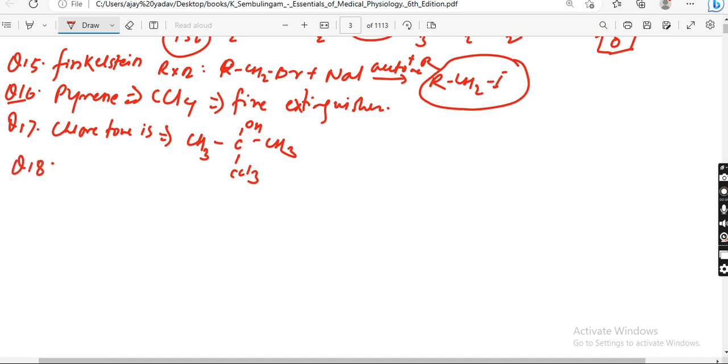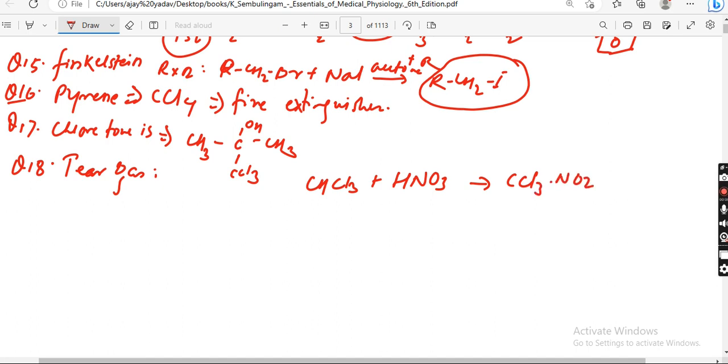Question number 18. Tear gas: how do we prepare tear gas? When we react this with HNO3, this will give you CCl3NO2.